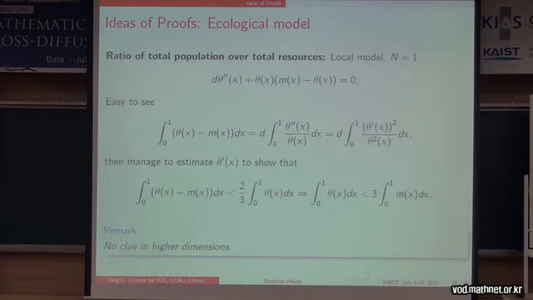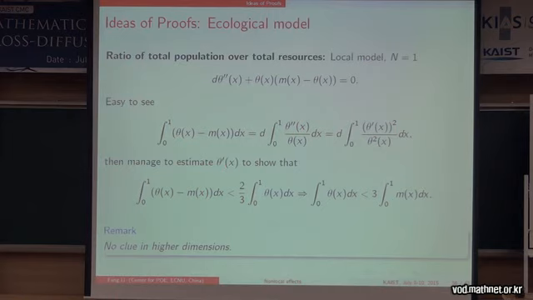And also for the ratio of total population over total resources, again, in the one-dimensional case, so everything is in the one-dimensional case, we have a way: we divide both sides by theta and do the integration. We have this expression. But here, we can estimate, pointwise estimate, theta prime.